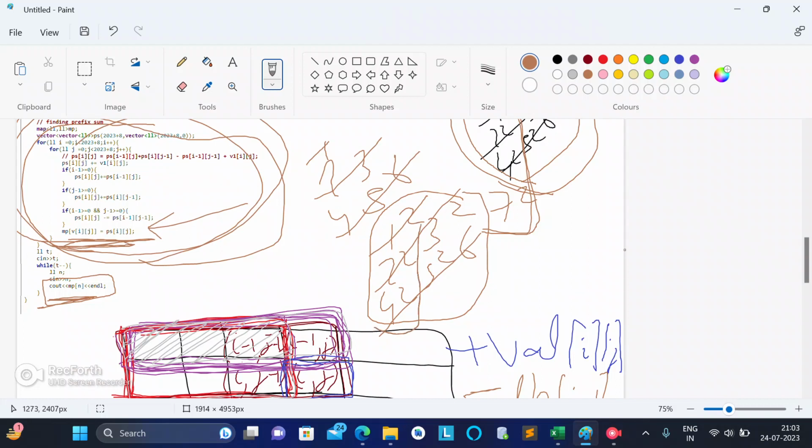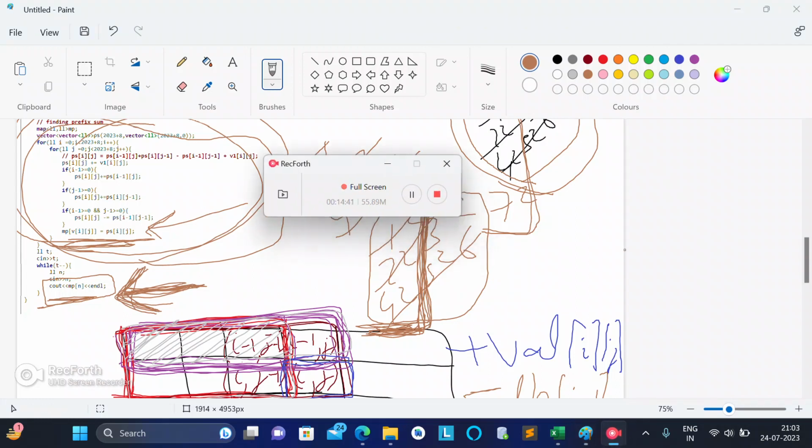And while finding the prefix sum, suppose anyone asks me what is the prefix sum in this section, 4 square. I got the prefix sum of this section, but I will mark MP of 4 at this. Why MP of 4 at this? Because whenever I am asked the value for, suppose, the fourth strike with the ball, what is the answer? I will return the answer in the form of MP of 4. That's why I had done the mapping.